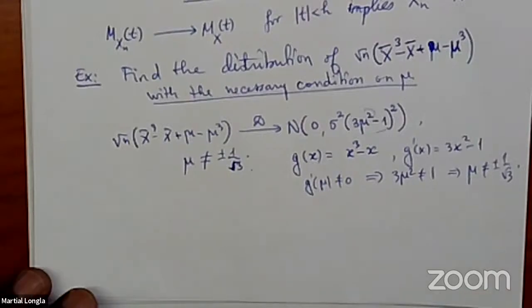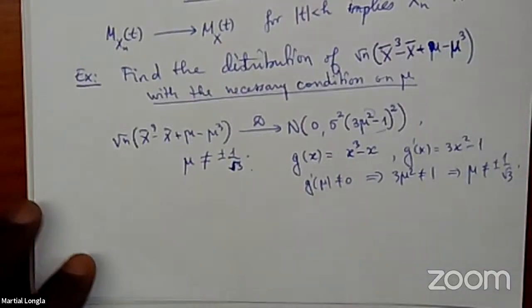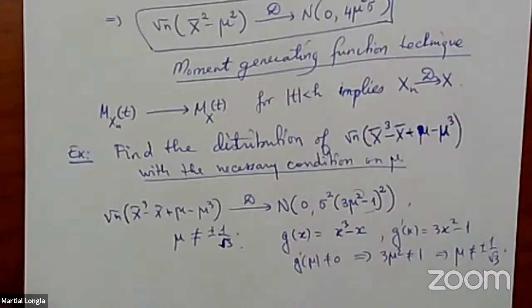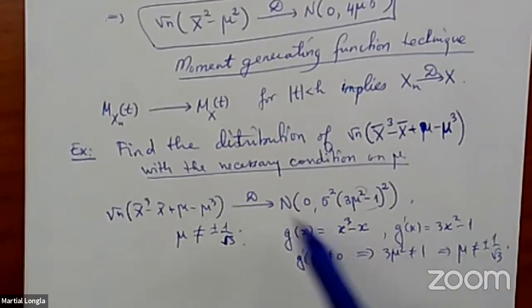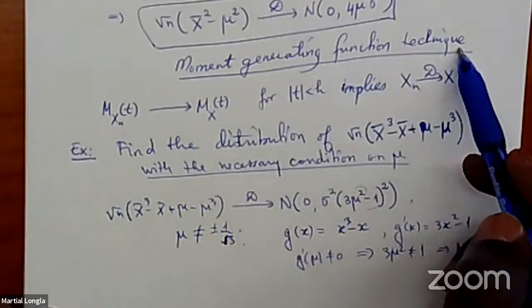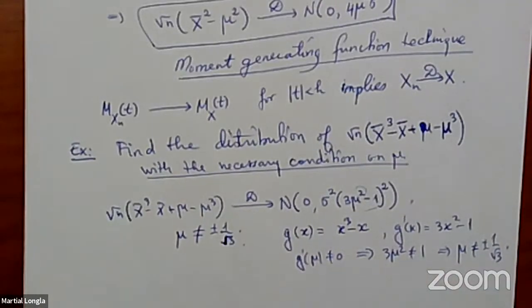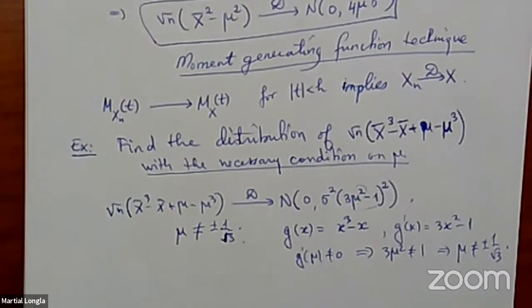All right, now the last thing that we had here was the moment generating function technique: how to use the moment generating function to show that a sequence of random variables converges in distribution to another random variable.